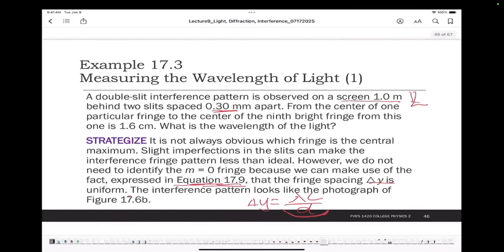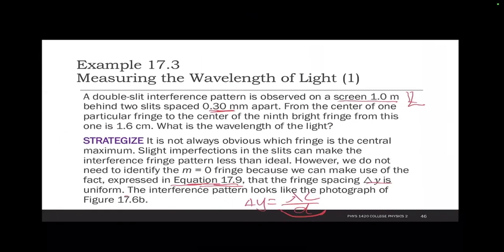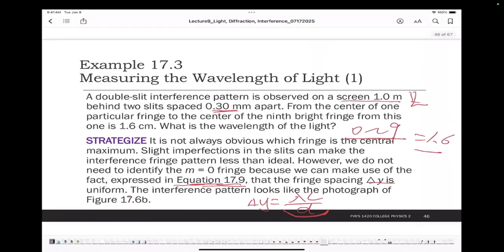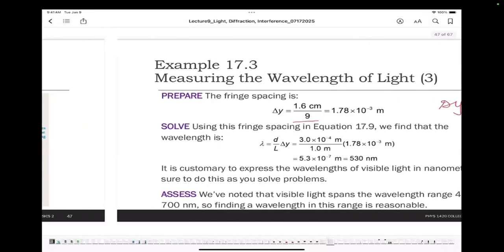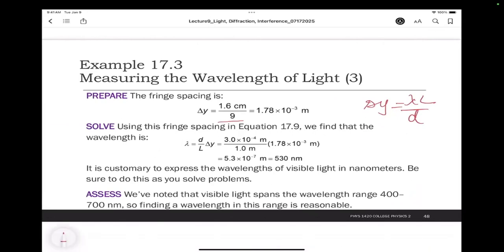We know from the center of one particular fringe to the center of the ninth fringe from this one is 1.6 centimeter, which means from 0 to 9 the distance is 1.6. So one spacing is just 1.6 divided by 9. Does it make sense to you? This is the delta y.